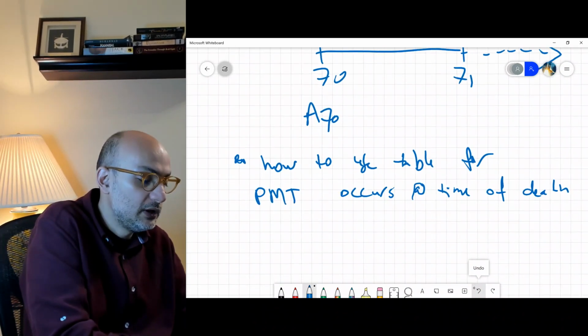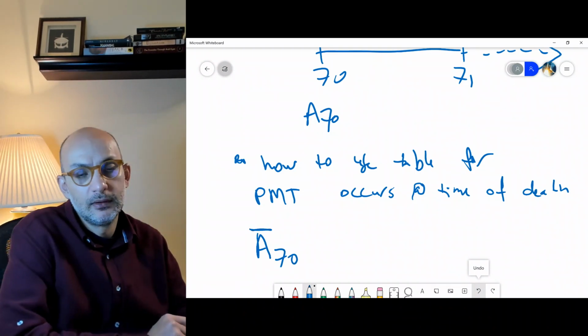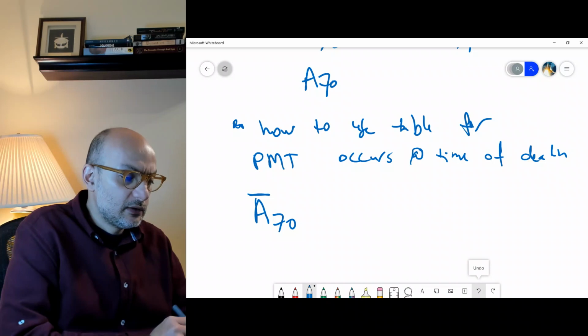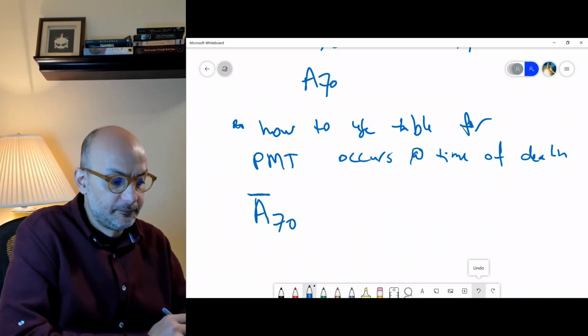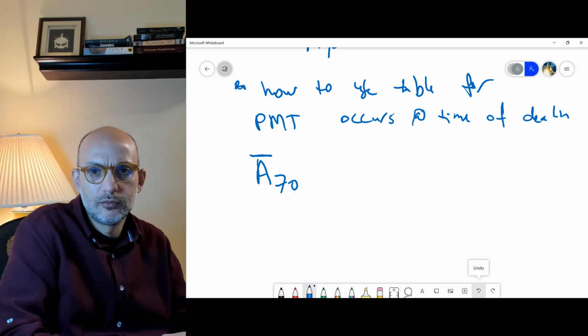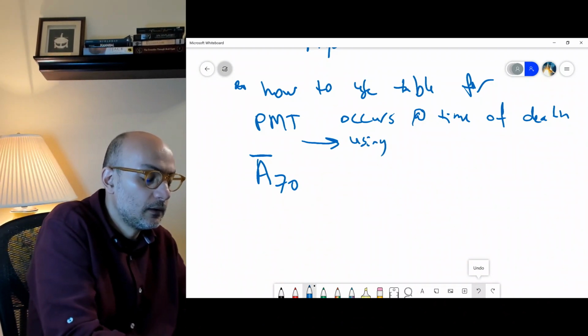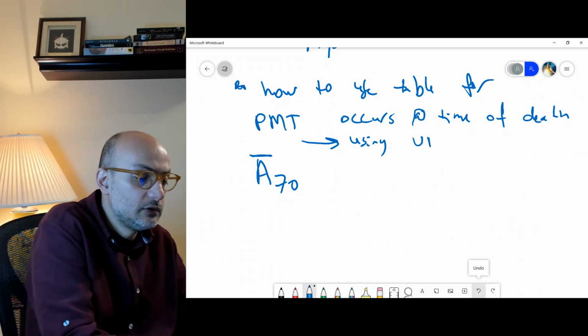We need A70 now with the bar. Remember the bar here? So we need to have an assumption here. There are different ways, but what we will use here is UDD.